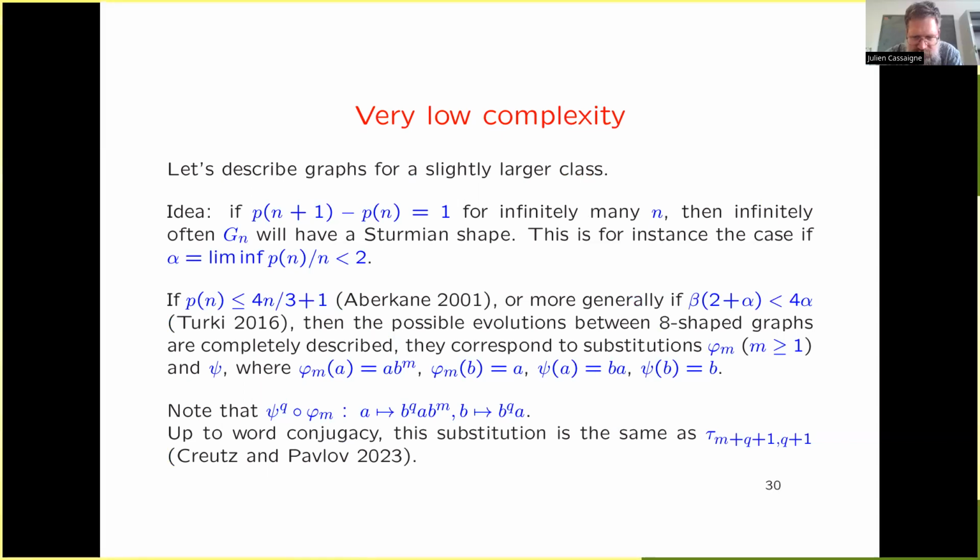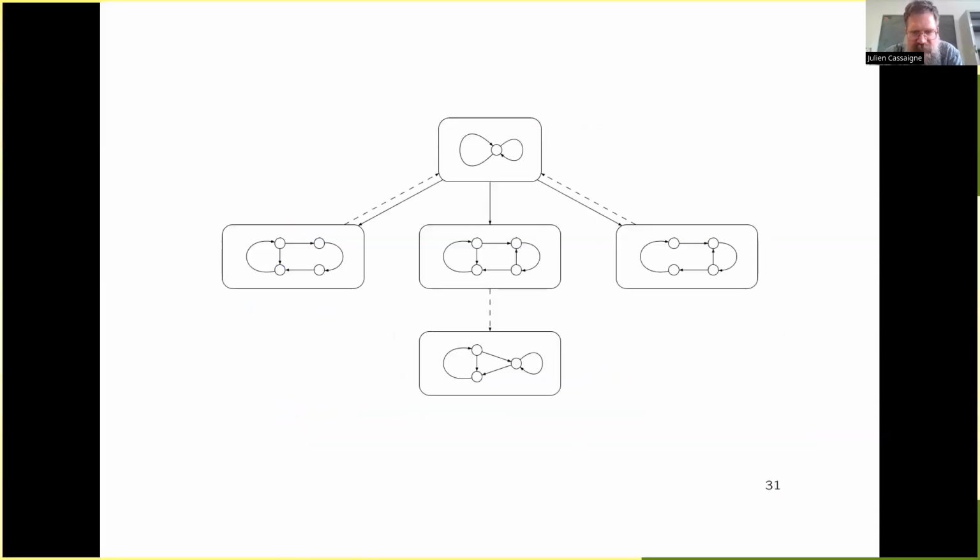In this situation, I will come back to the substitution, we start with your graph with two loops. You have the left branch and the right branch that are exactly what you have for the Sturmian words, but there's a third possibility, which is that you may keep both vertical edges.